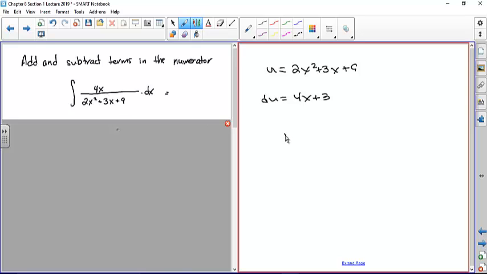So what I do is I take 4x and I add 3. And then I have to subtract 3 like I normally do. So I would subtract 3 divided by the same denominator.